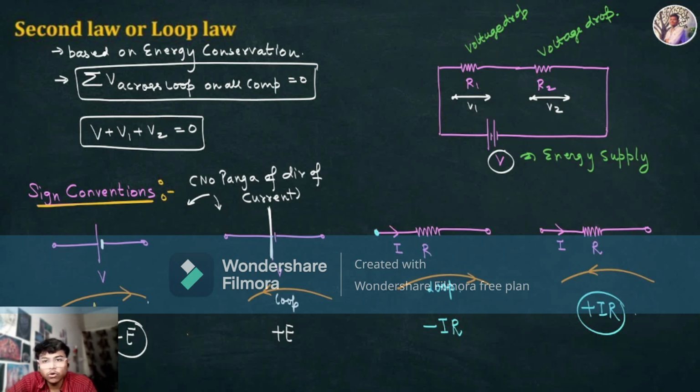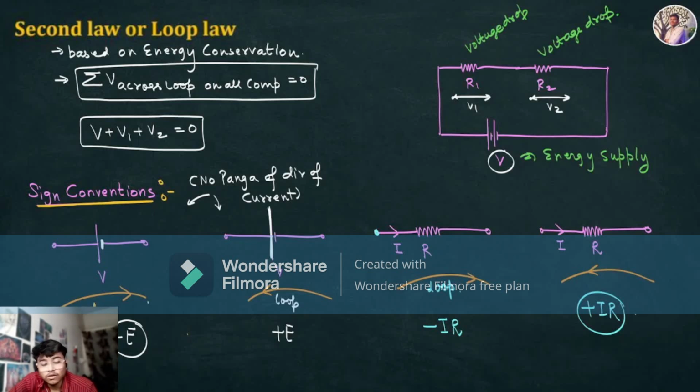So what is the second law? It is also known as the loop law. It says the voltages across the loop of all components, the sum of these is equal to 0, like V1 plus V2 plus V3 is equal to 0. You have to just learn the sign conventions.